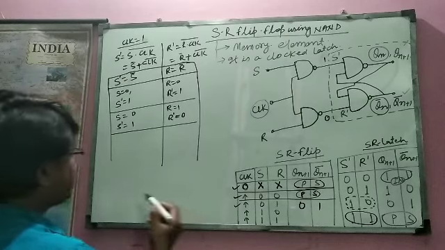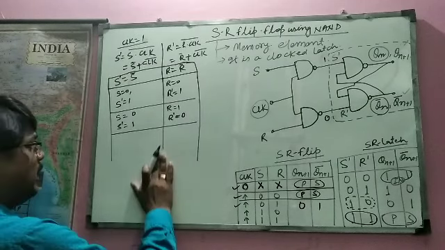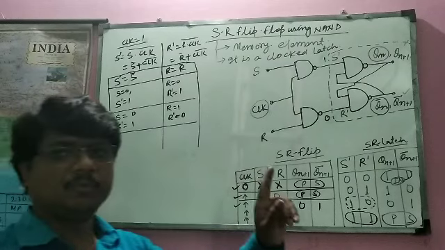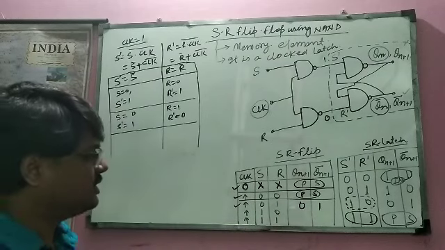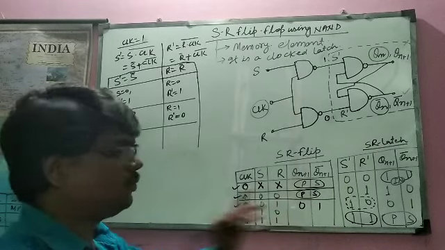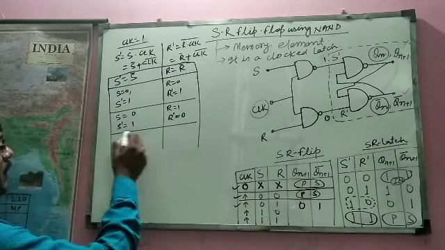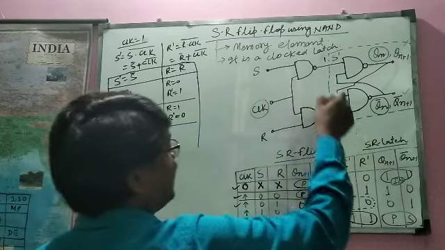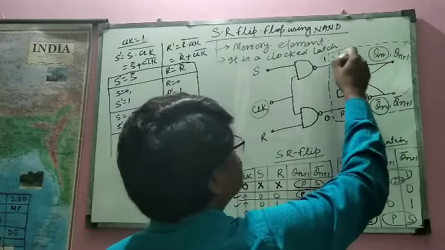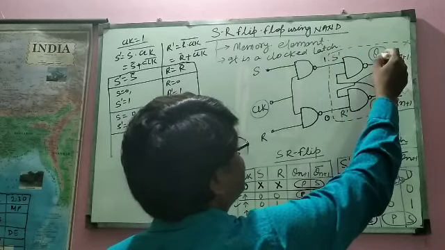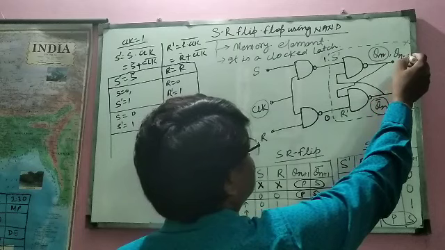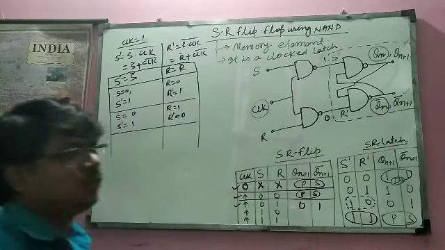If someone wants another method, I will explain once more for this case how we can get this value. From up to here we know this is 1 and this is 0. By using this 1 and by using this Qn and Qn bar, we can calculate Qn plus 1 and Qn plus 1 bar.